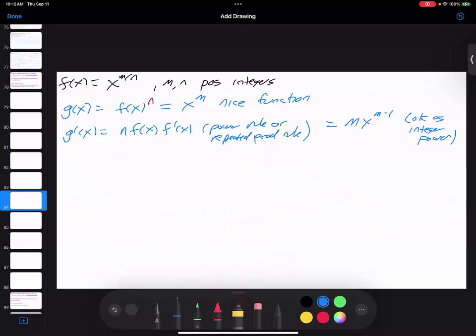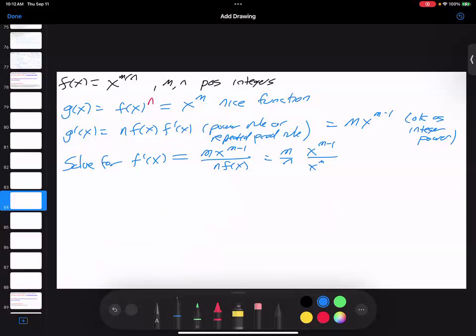And so now we can take the derivative. Well, how do we take the derivative of f of x to the n? You could just come up with a repeated product rule, or maybe the power rule, which is a special case of the chain rule. And now we can solve for f prime of x. We'll get f prime of x as m x to the m minus 1 divided by n f of x to the n minus 1. Well, that's m over n x to the m minus 1 over f of x to the n minus 1.